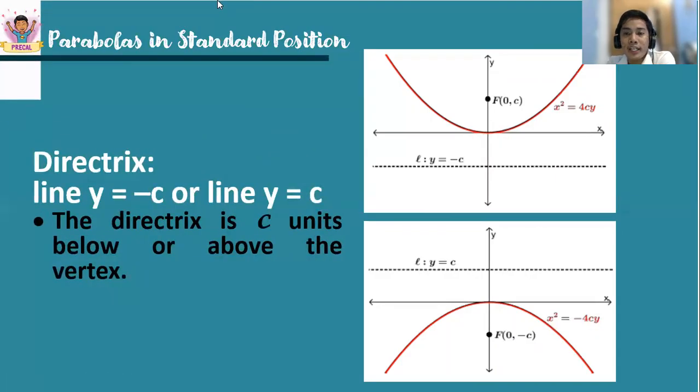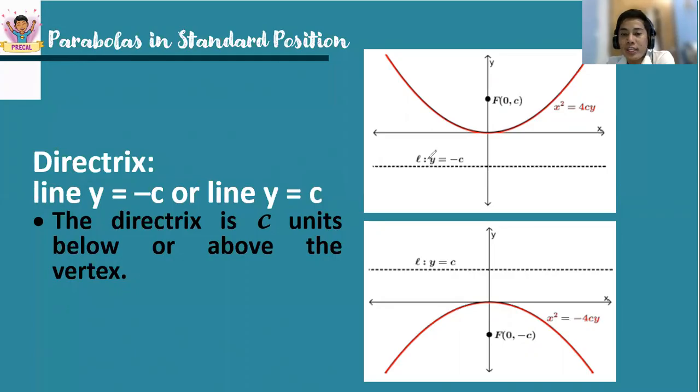In terms of the directrix, notice that the directrix has equations line y is equal to negative c or line y is equal to c, depending on the position of the directrix with respect to the vertex.